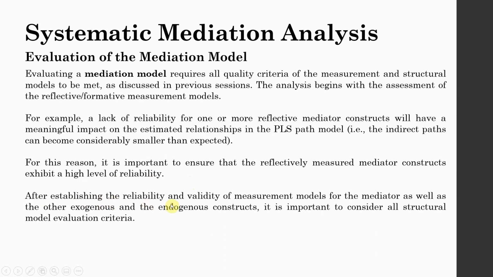After establishing the reliability and validity of measurement models for the mediator as well as the other exogenous and endogenous constructs, it is important to consider all structural model evaluation criteria that we covered in previous sessions. You have to check for collinearity, and assess explanatory power and the structural relationships as well.